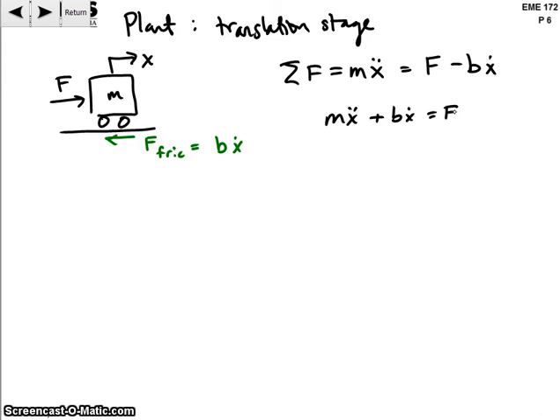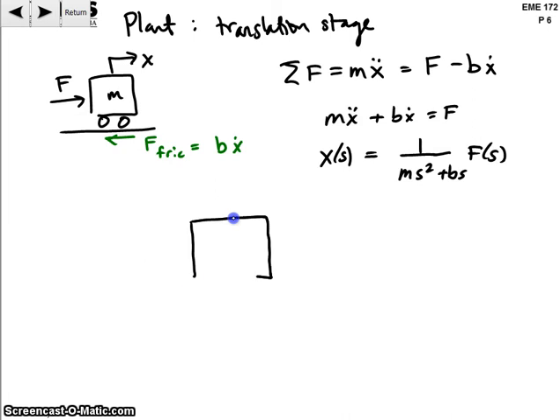I get m x double dot plus b x dot is equal to the force. Or if we take the Laplace transform, we'll get X(s) is equal to 1 over (m s squared plus b s) times F(s). Okay, so this is the transfer function from input force to output displacement. There should be an s there. And so we can visualize this as force going into a first order system.